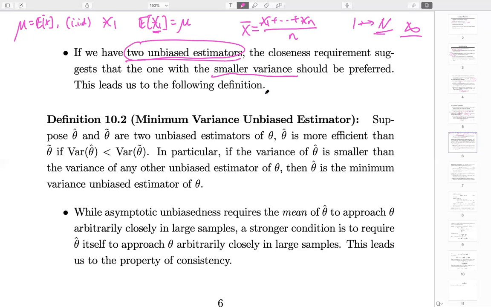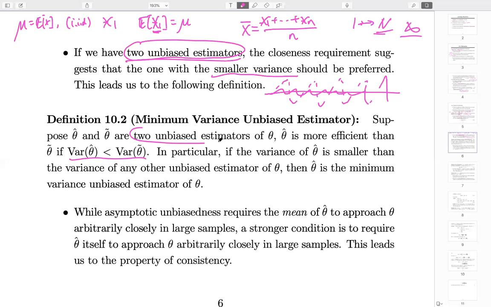We know they all have the same mean. The one with smaller variance would give you a more accurate estimator, because we can have another one which has more fluctuation. Although they have the same mean, obviously the solid line is closer to the horizontal line, right? It's just obvious. So with that in mind, we introduce this.